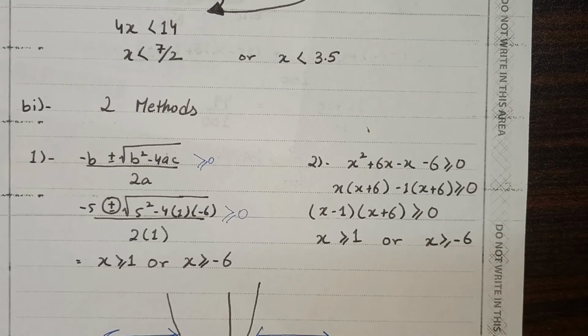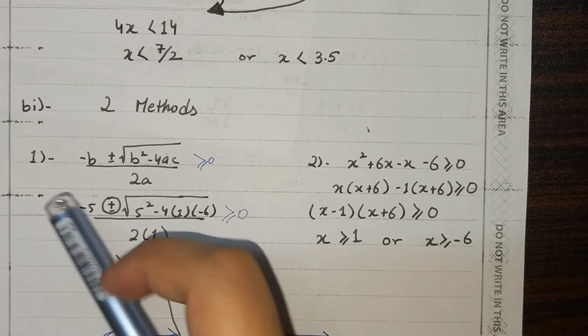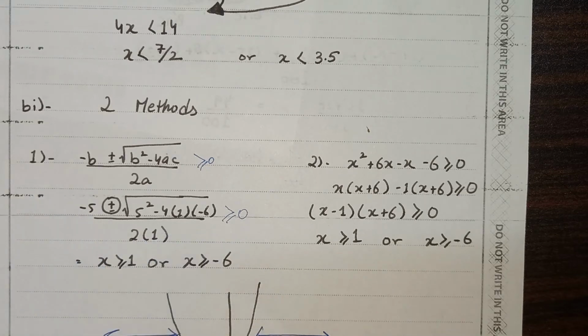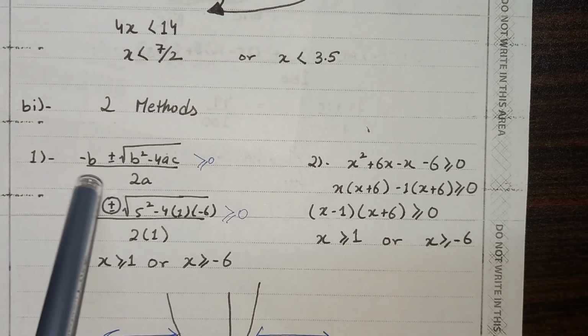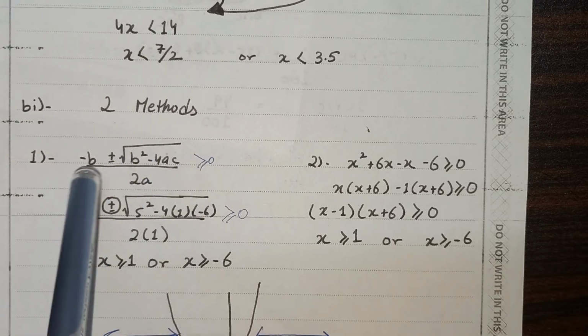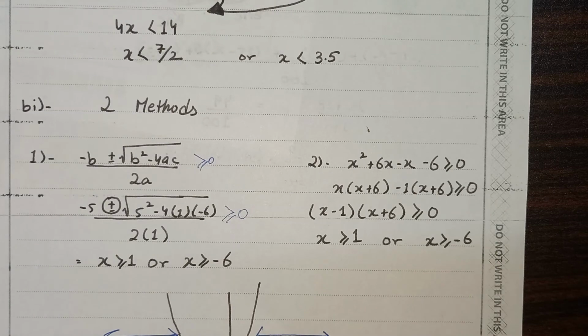First method, you use the quadratic formula. The quadratic formula is minus b plus minus under root b square minus 4ac, whole divided by 2a. Plus minus means you have to solve this 2 times, first by using the positive sign, then by using the negative sign. The internal values will remain the same.